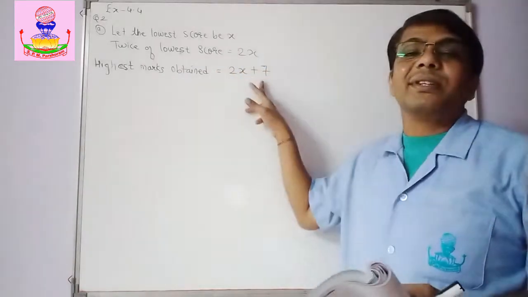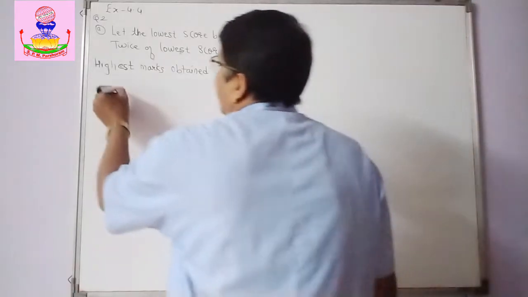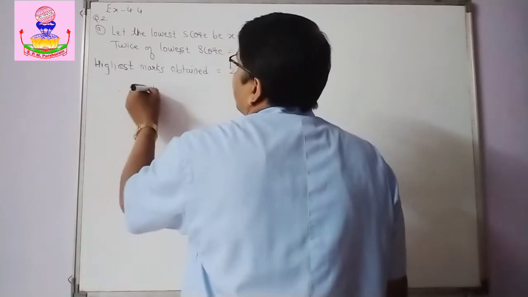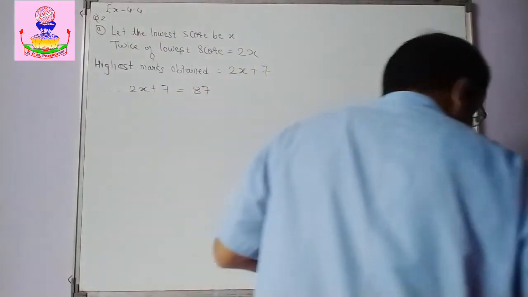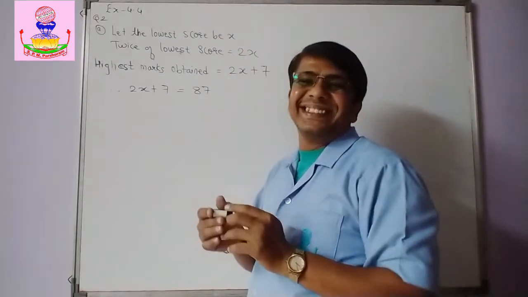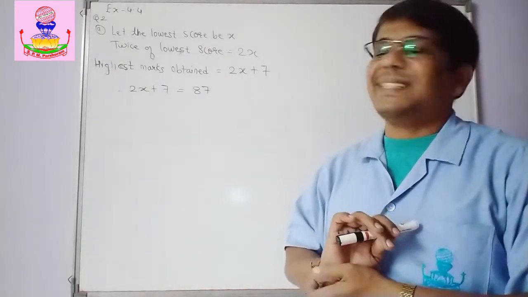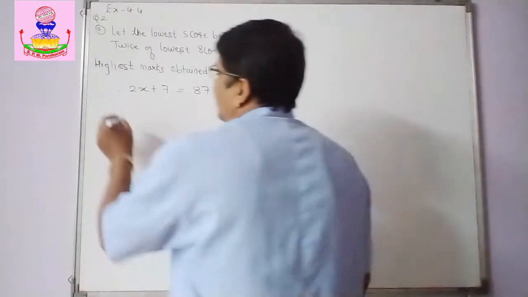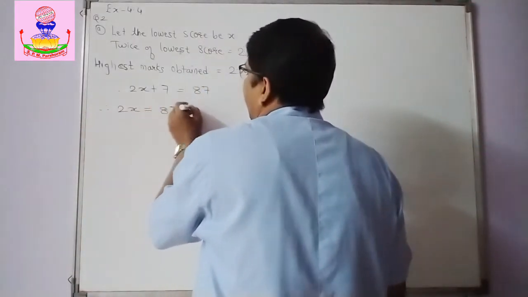And this is given. How much is it? It is 87. Right? So therefore, 2x plus 7 is equal to 87. Now, plus 7, bring this to this side. When it comes to this side, it will become, yes, exactly, minus 7. So therefore, 2x is equal to 87 minus 7.